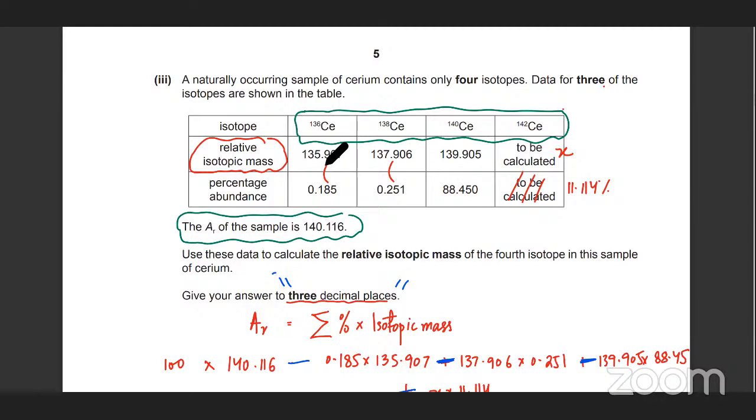But when it comes to measuring the mass, it's not exactly 1. I mean, we always read that a proton has a mass of 1, but it doesn't actually have exactly a relative mass of 1. And the reason for that is that the accuracy of the mass depends on the instrument.